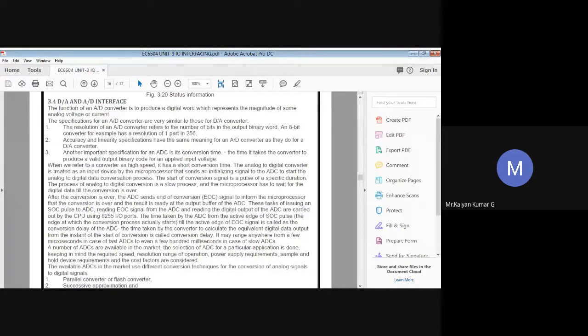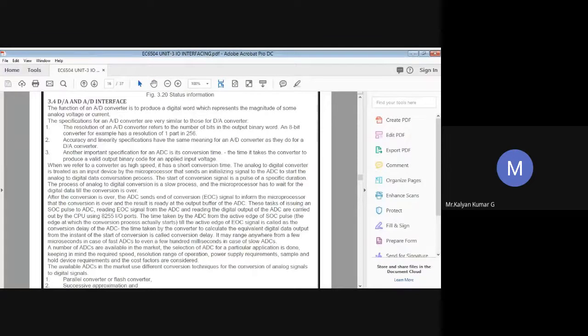Okay. And the successive approximation type converters are normally used for high speed conversions, and integrating type converters are used for high accuracy. So depending upon your requirement, you can choose your corresponding A to D converter. To repeat, if speed is your main parameter or requirement, then you can choose what?